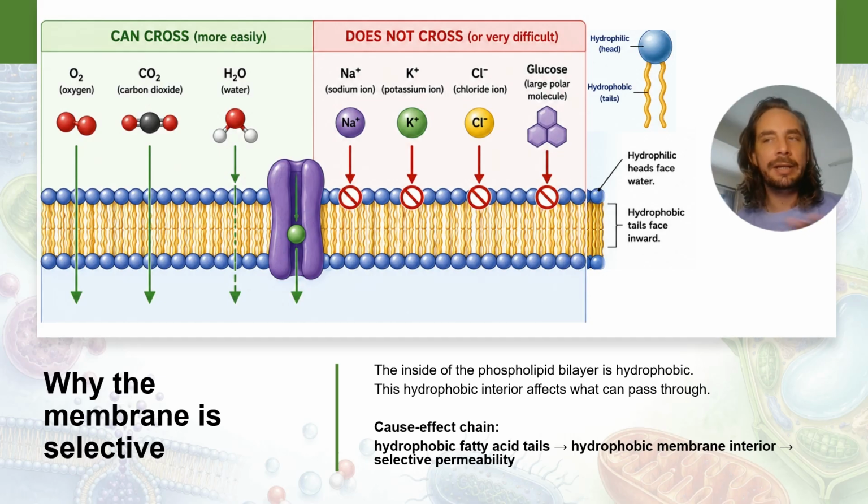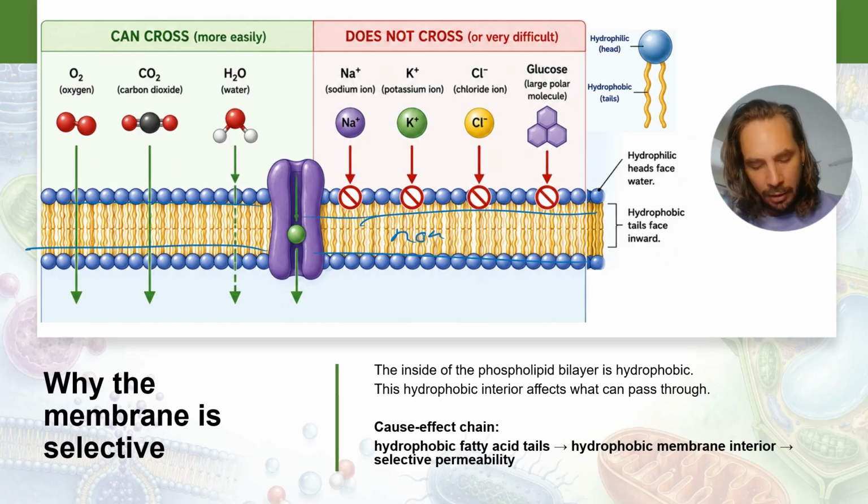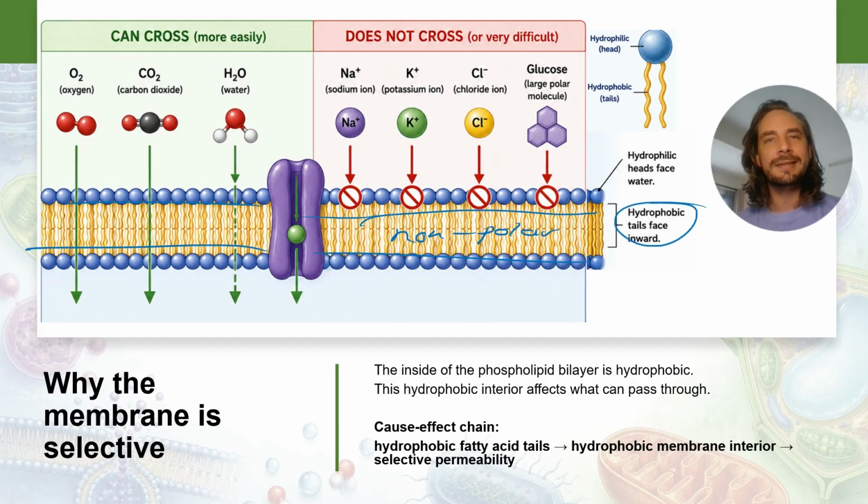Now, why is the membrane selective? If we remember from the previous lesson, the inside layer is non-polar and hydrophobic, and these tails point in toward each other, so it does not interact well with water.